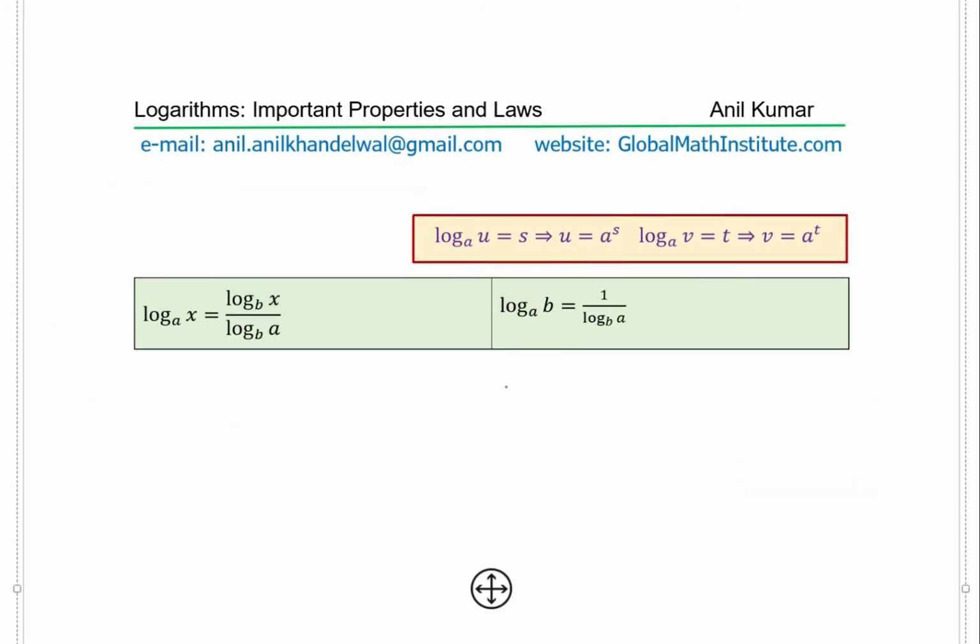Okay. Now let's look into the question on change of base. So what we have here is log to the base a of x is equal to log to the base b of x divided by log to the base b of a. This is called change of base formula.